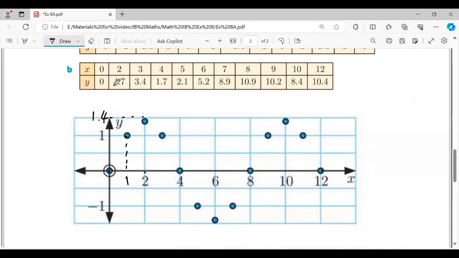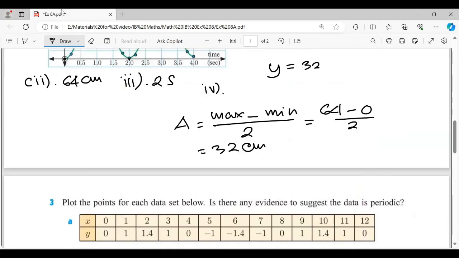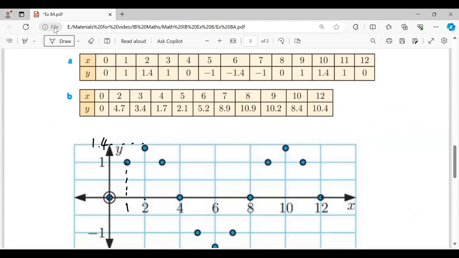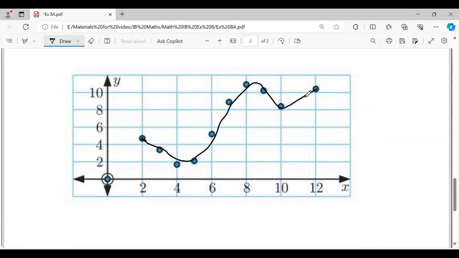If we find the pairs of coordinate points, you can find this graph. From these pairs of coordinate points for number 3B, this is the graph. Pay attention that this graph does not repeat. Look until here, and it goes to 10 from 8 to 10.